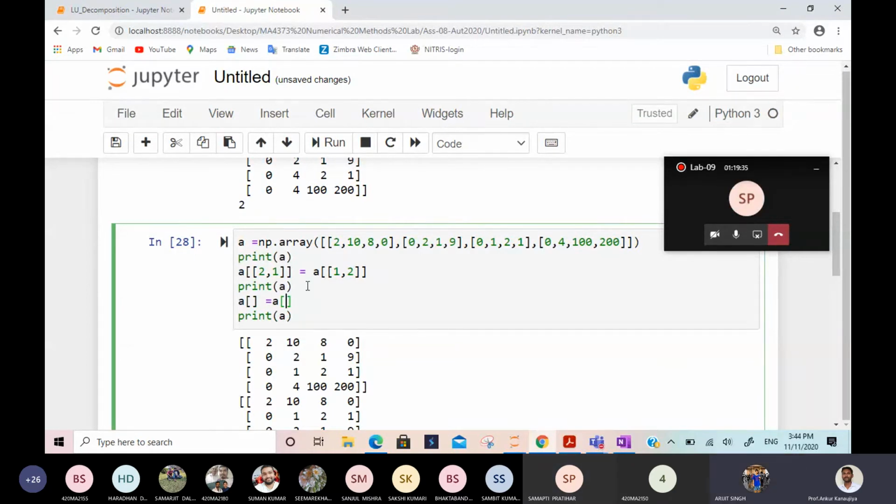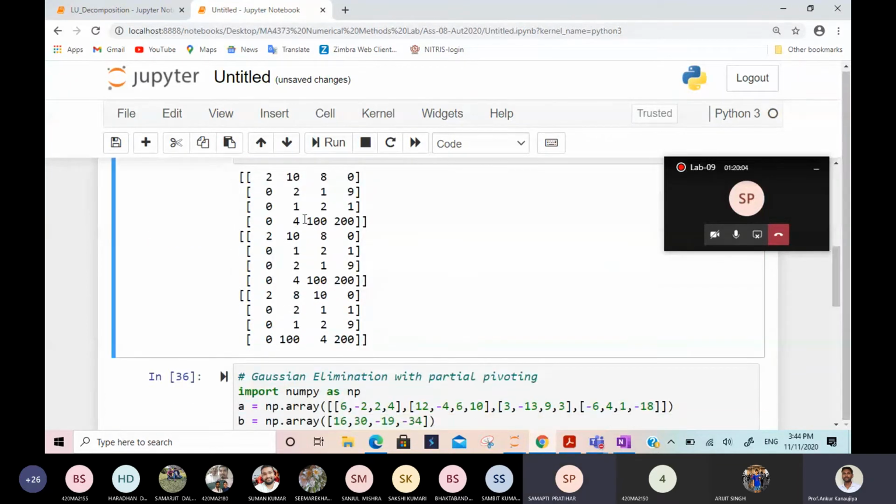First tell me which column you want to interchange. Colon, comma, yes, colon because I don't want to interchange rows. And here in the bracket I will write which columns. Whatever columns you want to interchange, suppose 1 with 2 and 2 with 1. Let us see whether it interchanges.